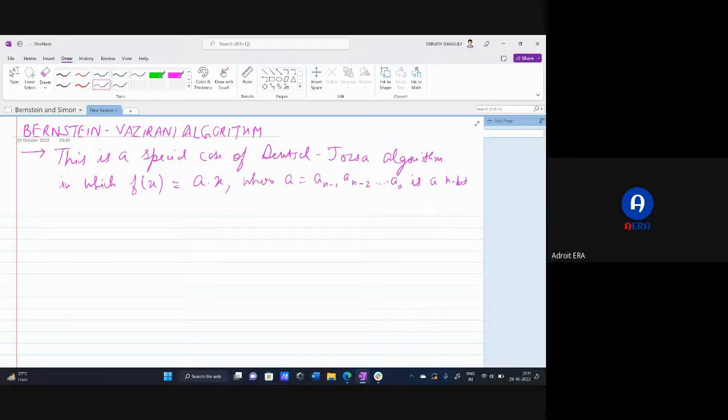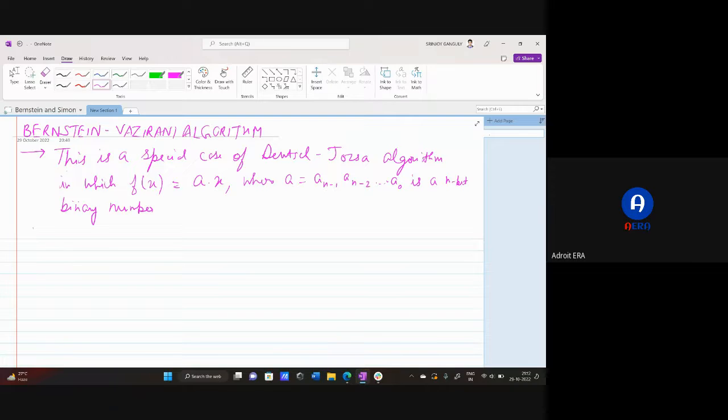It is an n-bit binary number. This is a binary number representation, and we have seen these things. Now what is the problem?